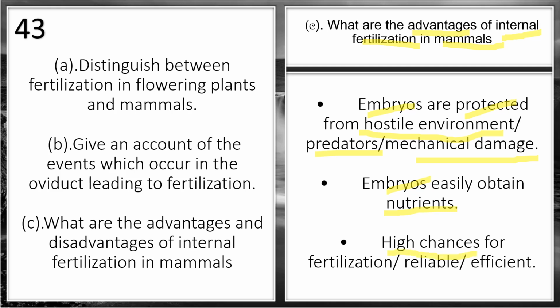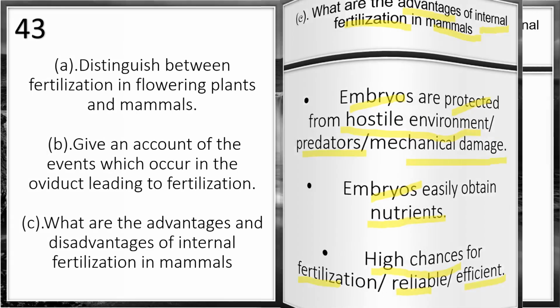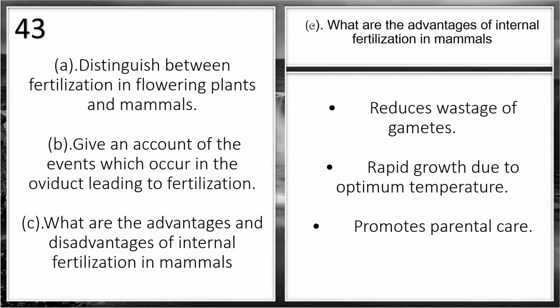There is high chance of fertilization, it is reliable, and it is efficient. Reduced wastage of gametes. There is rapid growth due to optimum temperature, and it promotes parental care.